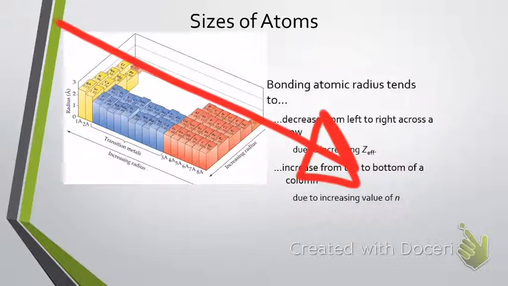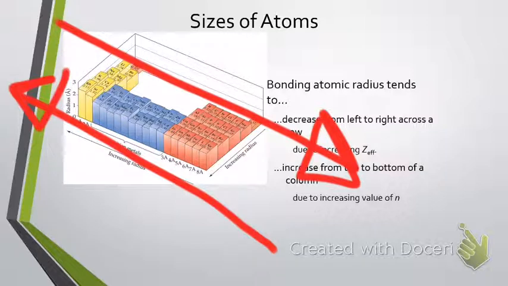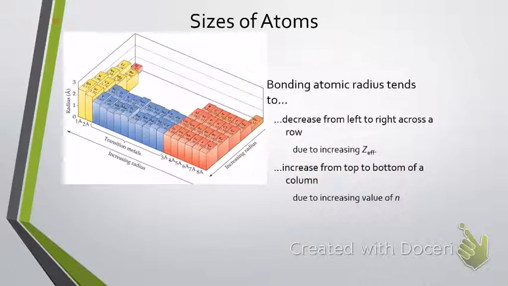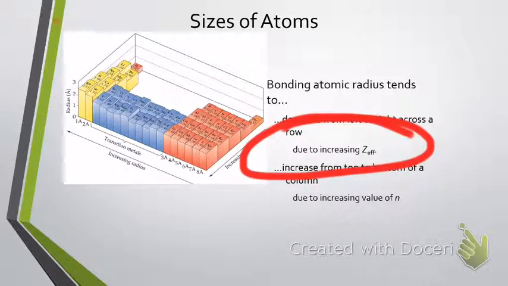Or if you go right to left, they typically get larger. Why does that happen? That's because there's an increase in the effective nuclear charge. So, let's look at a couple of examples in order to explain that.